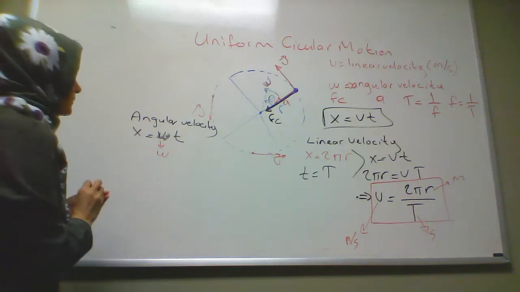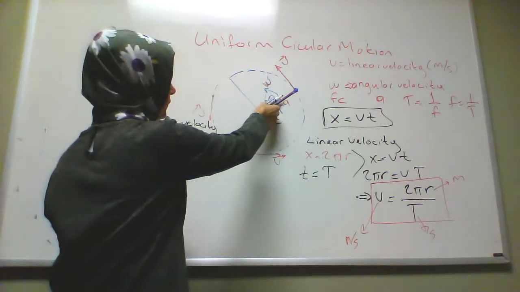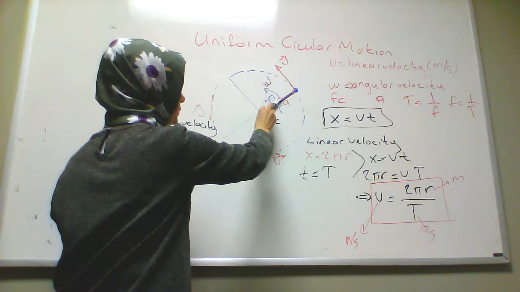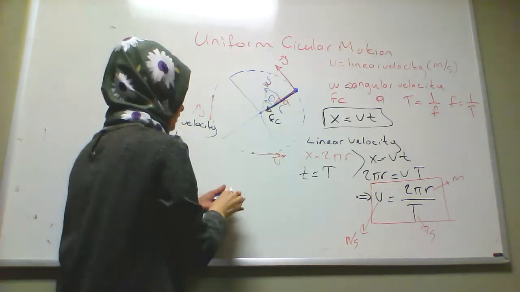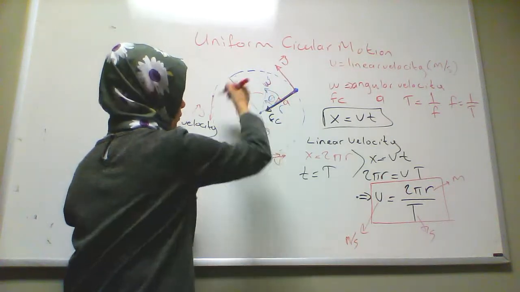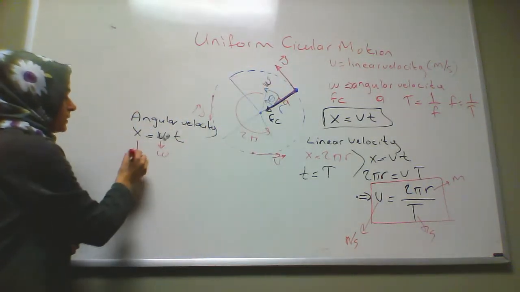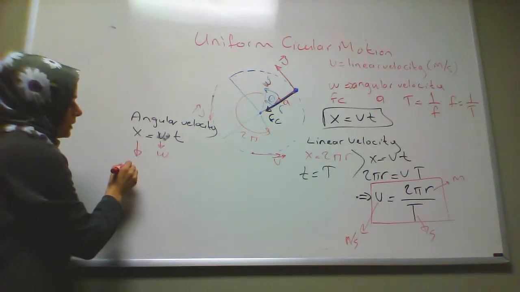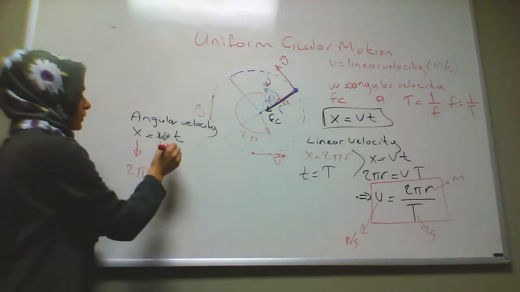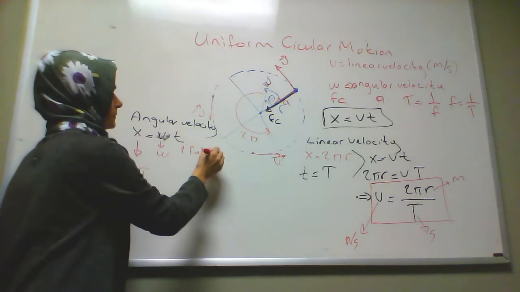So we'll be replacing x with the angle traveled. If we start again with one position and travel, after one full rotation, the total angle traveled by the angular velocity is equal to 2 pi in here, full angles. So after one full rotation, we'll have 2 pi traveled.